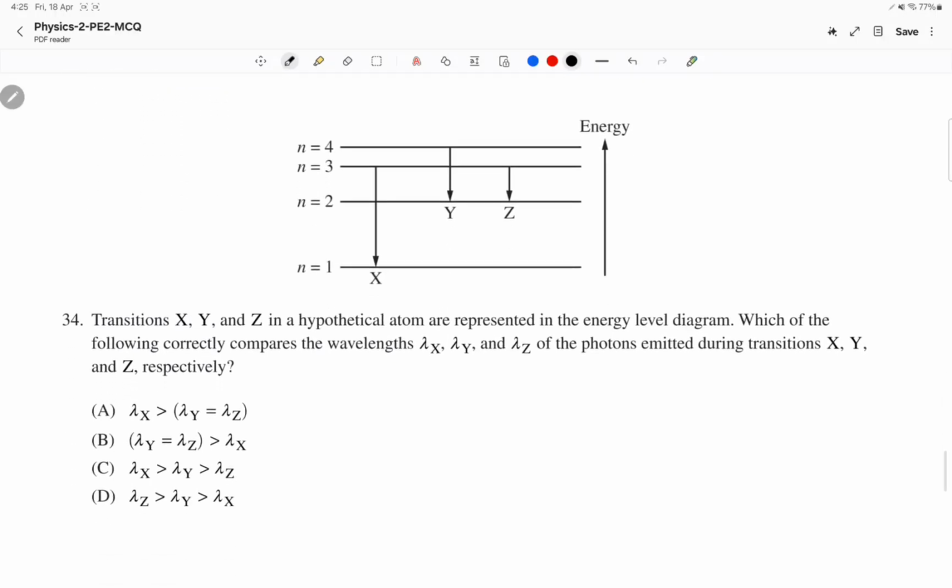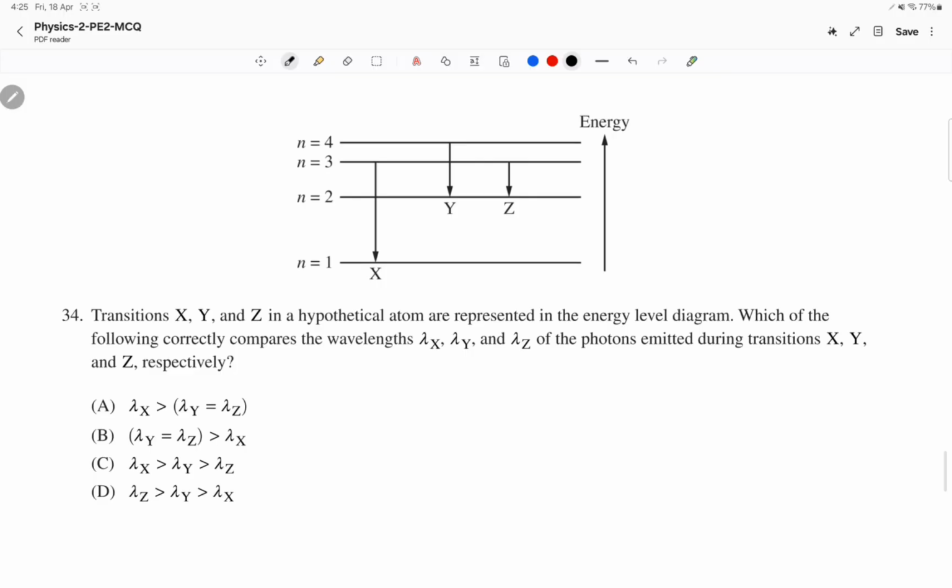34. The longer the line, the more the energy, and therefore the more the frequency. So line X has the most energy, the most frequency. And with the most frequency comes the least wavelength.